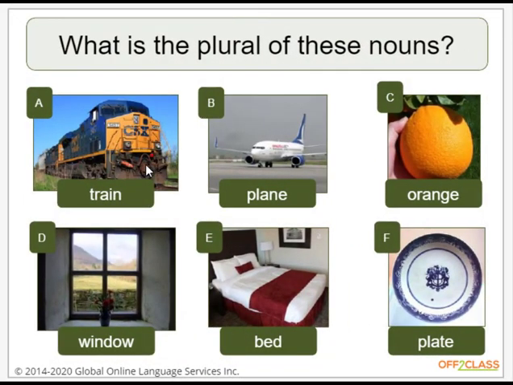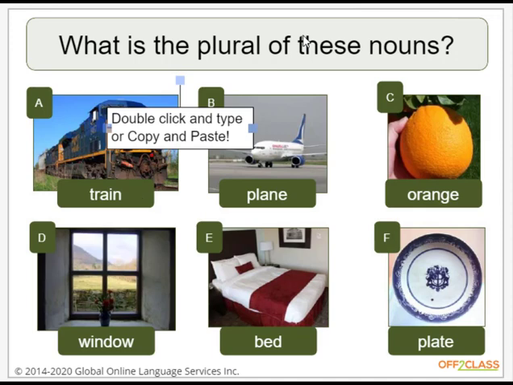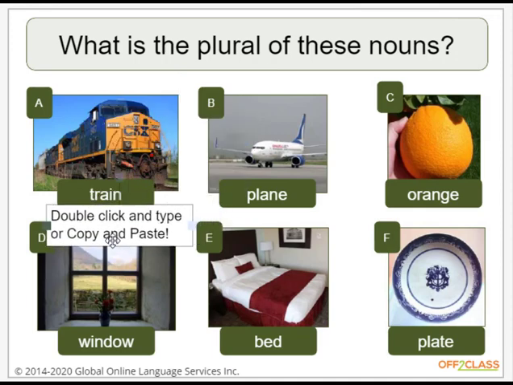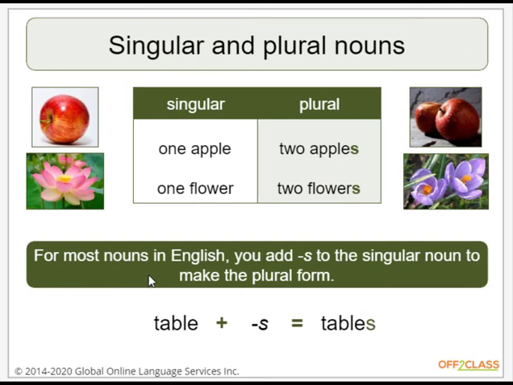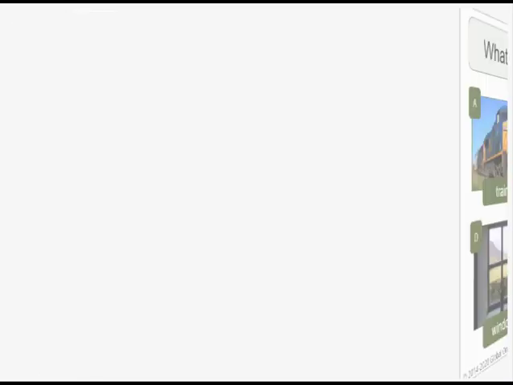So, what is the plural form of these nouns, right? Train. So, how would you make this plural? Trains, right? Remember what we did before? For most nouns in English, you add the S to the singular noun to make it plural.